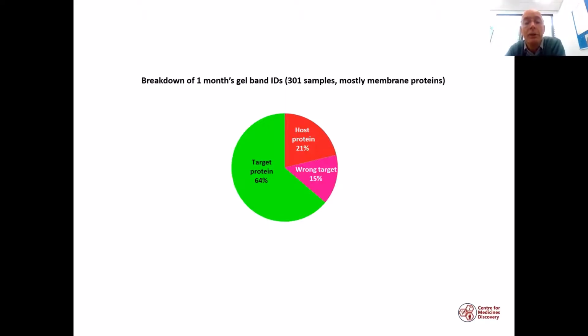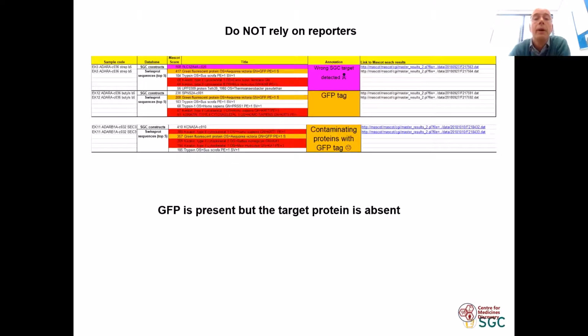When you're working on membrane proteins, it's very easy to mistake your target protein for either a host protein or something else. Some labs will rely on reporters. So you may have something like green fluorescent protein, and the assumption is if my purification remains green, then I must have my target protein.